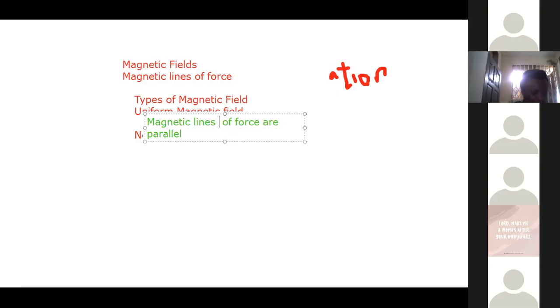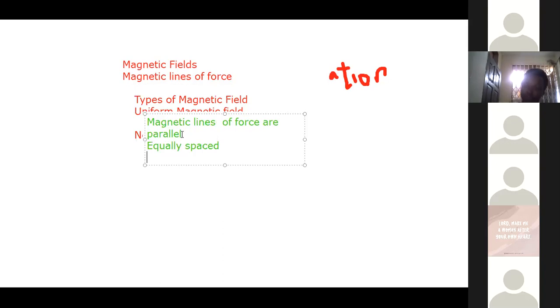Now, the lines of force are equally spaced. I've already said this. And I also said that the magnetic field intensity, also known as the flux density or the magnetic induction, is constant everywhere, so that a moving charged particle in this field experiences the same force everywhere.